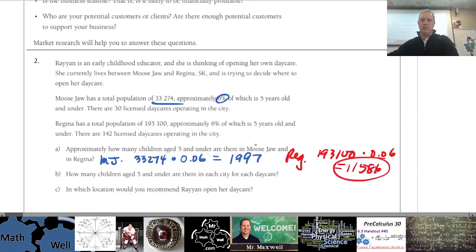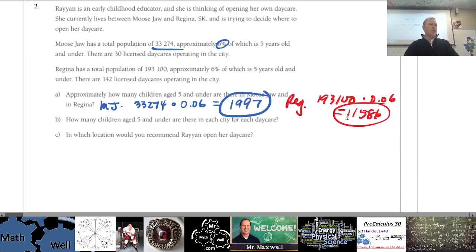Okay, so there's our two numbers. 1,997 and 11,586. At first glance you might think, oh, Regina's better because there's way more kids. But remember that Regina has a lot more daycares. So we have to really be careful about this decision.